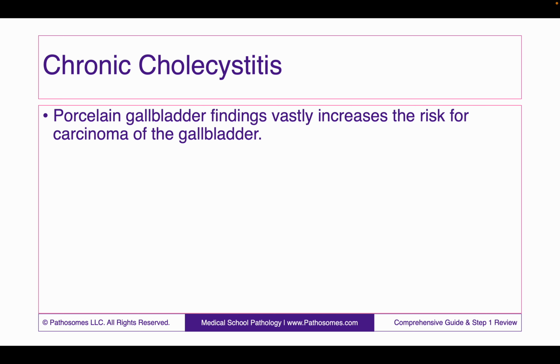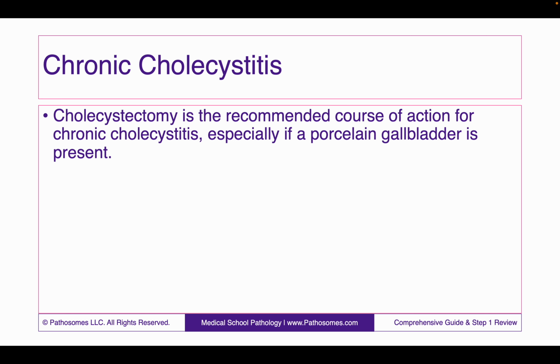Porcelain gallbladder findings vastly increase the risk for carcinoma of the gallbladder. Remember that. Cholecystectomy is the recommended course of action for chronic cholecystitis, especially if a porcelain gallbladder is present.